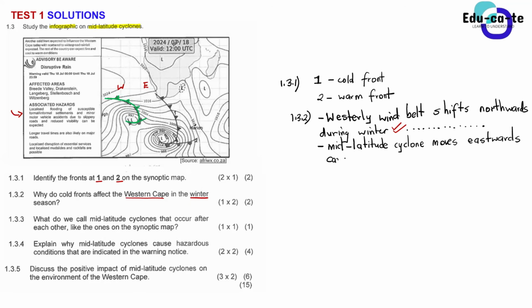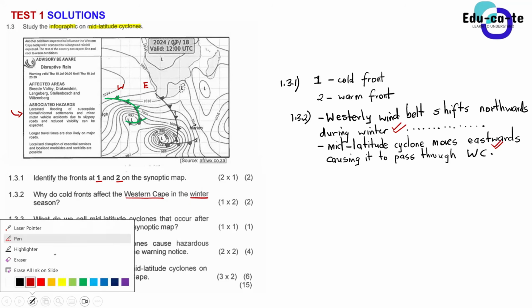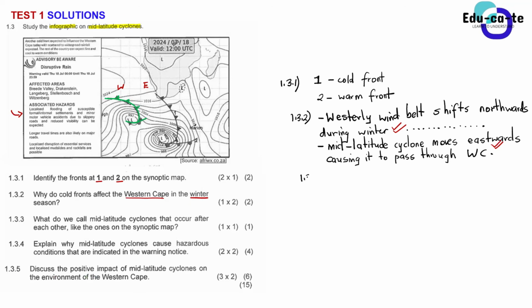So this causes it to pass through the Western Cape. Okay, let's just take those for now, but as time goes on, you are still going to learn more about this. So let's go to 1.3.3.